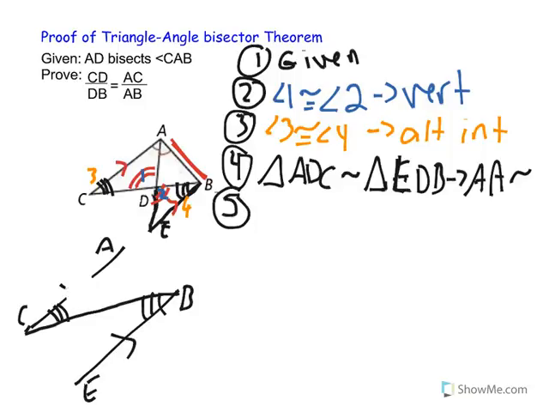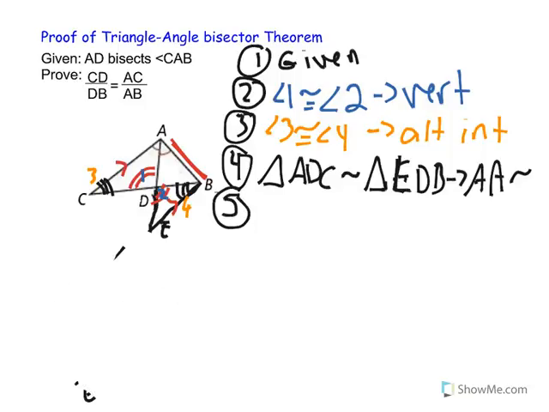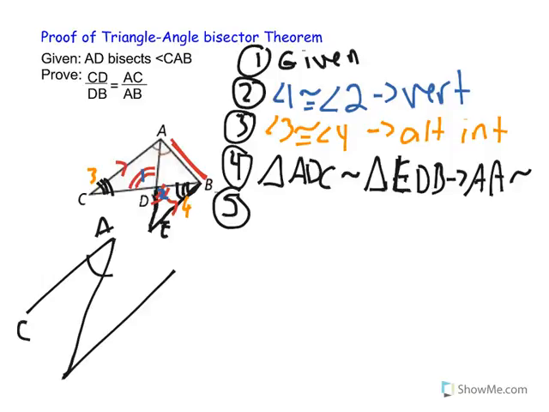So using those parallel sides, this is A, C, E, B. A already has a single arc at it.